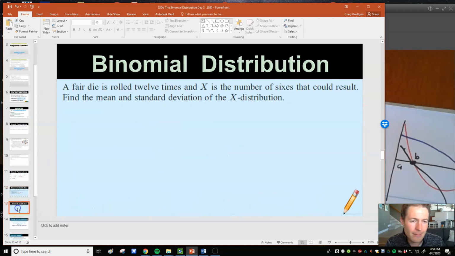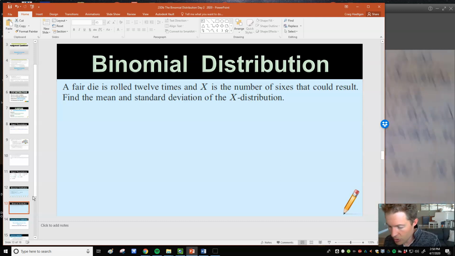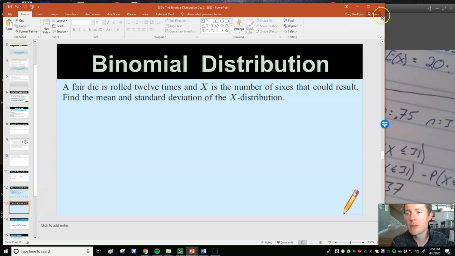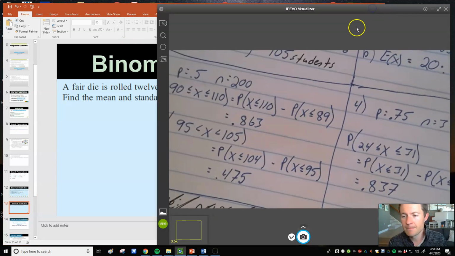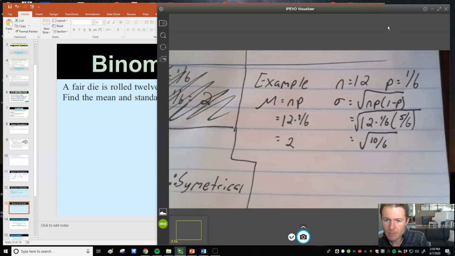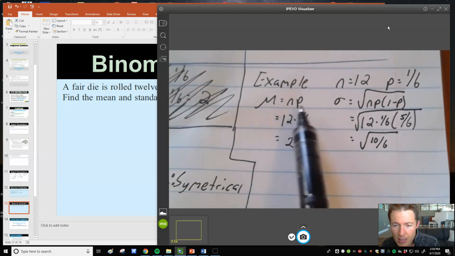Let's look at an example of that. All right, a fair die is rolled 12 times, and X is the number of sixes that could occur. Find the mean and standard deviation of this distribution. So here, you're really just using these two definitions. Let me go back over here. Our definition of mu is just number of trials times p.